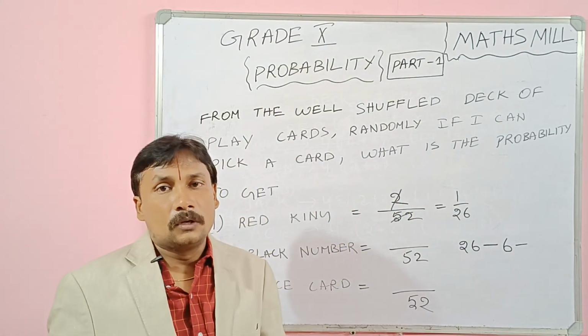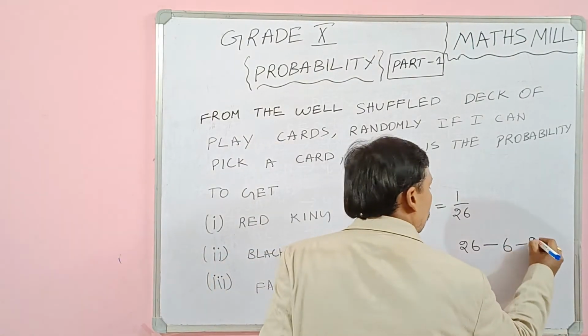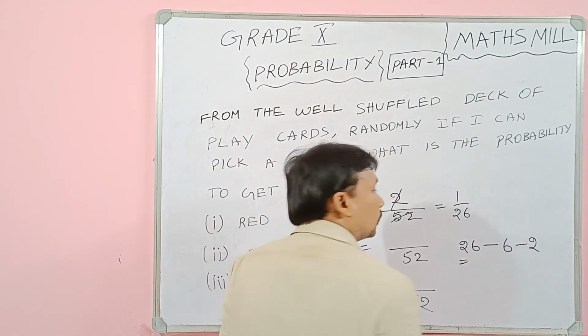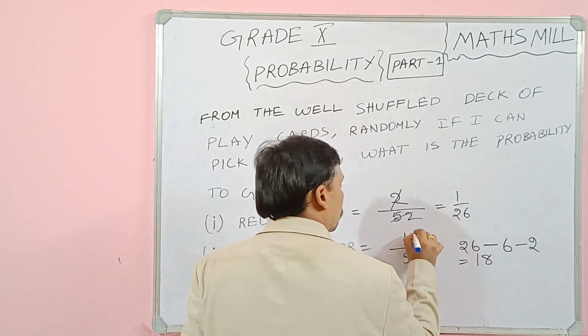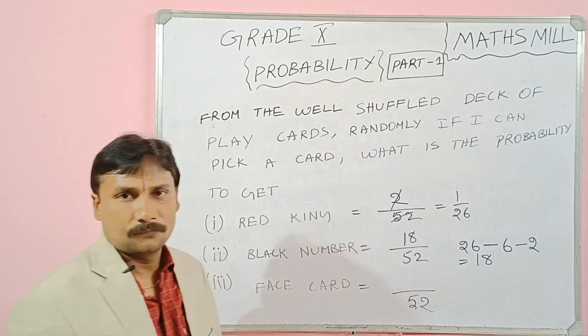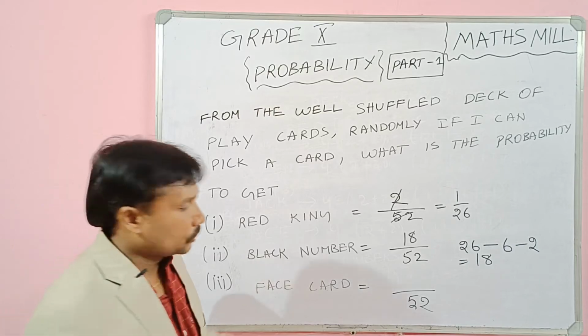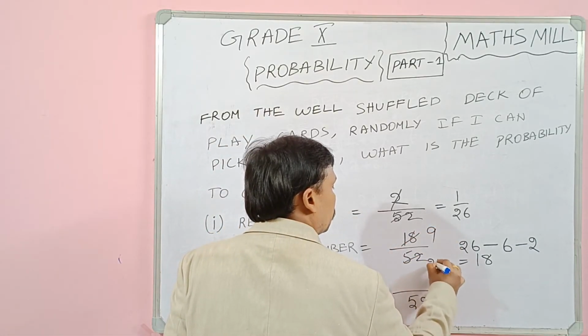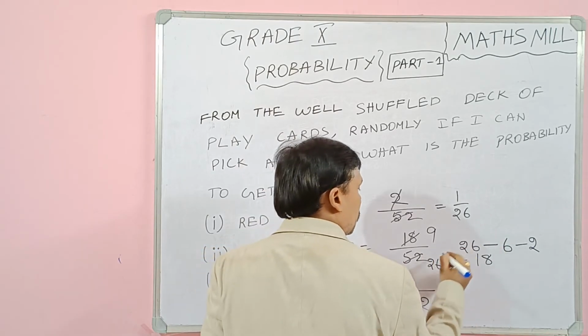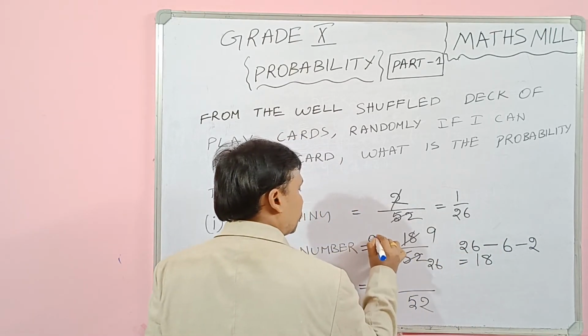Ace you can remove: 2 black aces are there. So you get 26 minus 8, it becomes 18. So 18 by 52 is your answer. Very easy, right? You can simplify 2 nines are 18, 2 thirteens are 26, so your answer becomes 9 by 26.